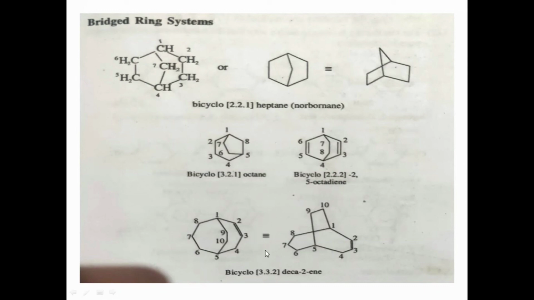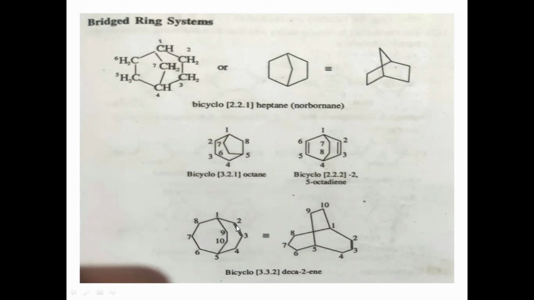So the next example, see, numbering starts from here, 1. It will not go like this. It will go like this because the unsaturation, the double bond, has to get the lowest number. So 1, 2, 3, 4, 5, 6, 7, 8, and the last two are 9 and 10. So I will name it bicyclo.